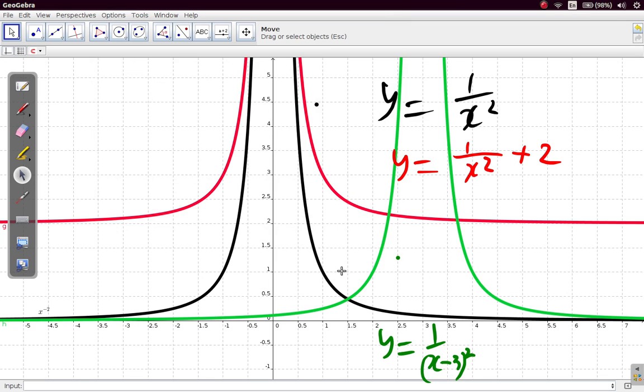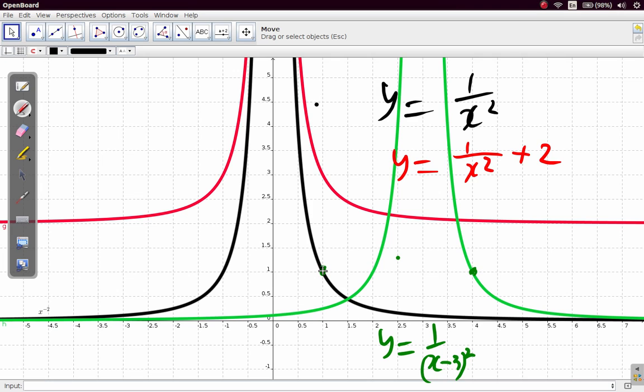So looking at the black graph, it's the original graph, right? This point was here, over 1, and it's now 4. 1 plus 3 gives you 4.